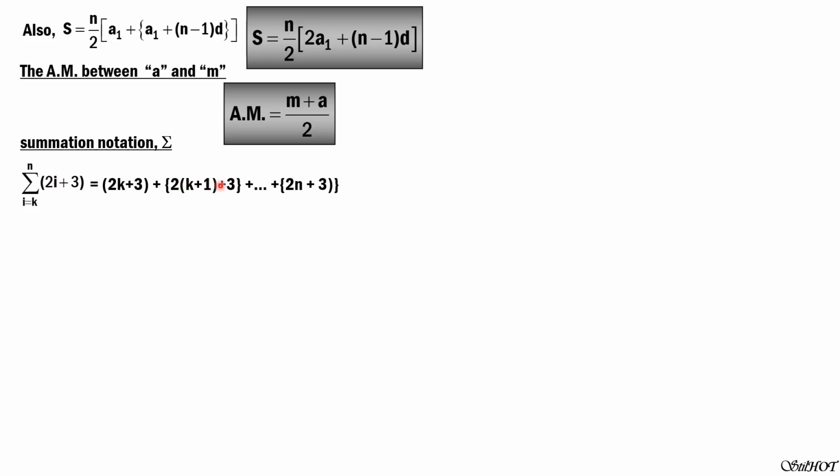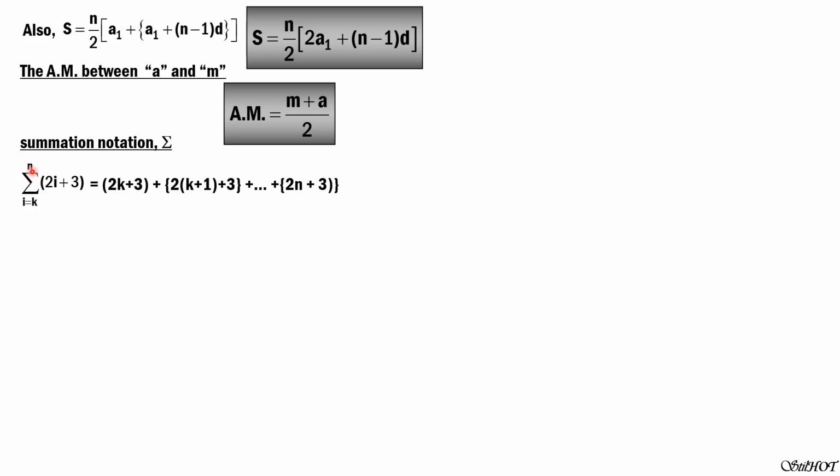These terms are in arithmetic progression, so it's easy to add, and we can use this formula instead of the formula we derive here. So the number of terms of the above notation: if it begins with k and ends at n, then the number of terms would be n minus k, upper minus lower, plus 1.